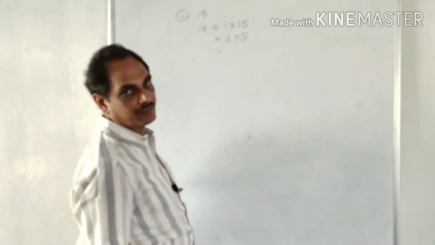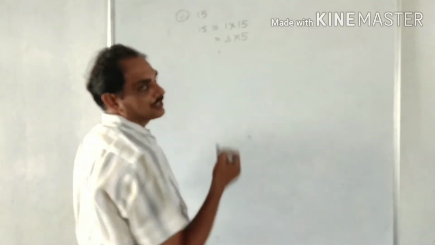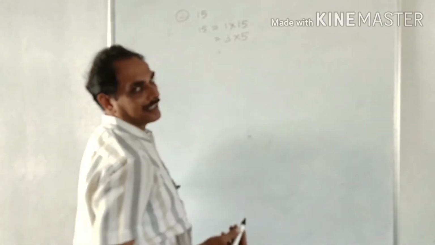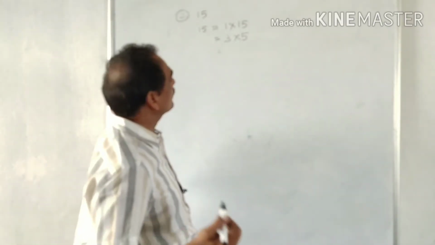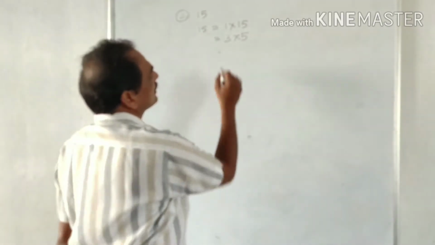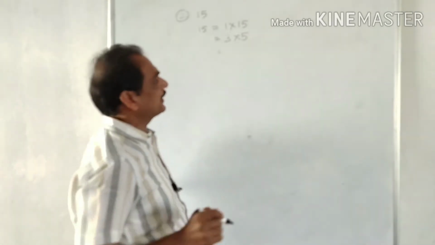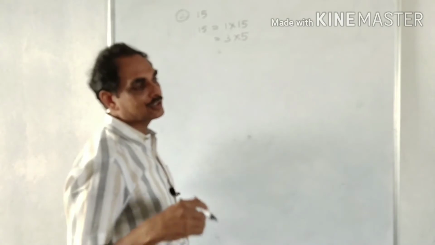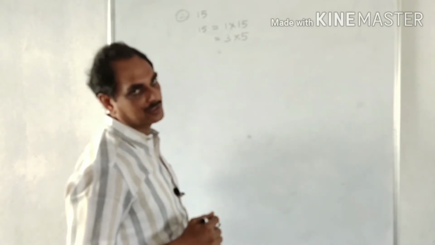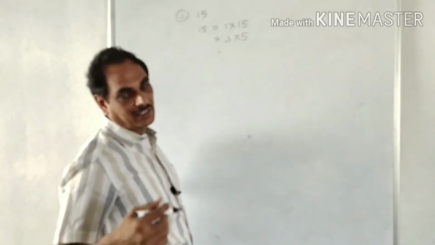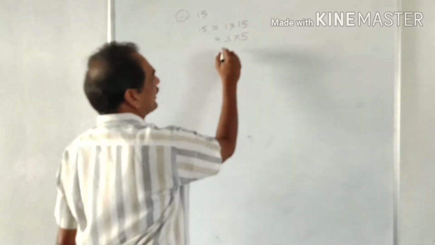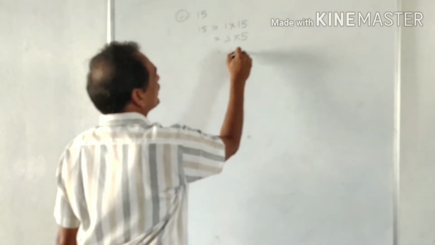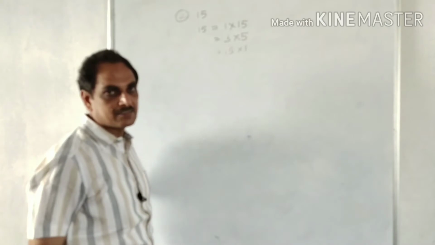So we go to the fifth table. 5 threes are 15. Already 3 fives is also 15, so we need not write 5 into 3. Next we go to the sixth table. There is no 15 in the sixth table. Seventh, 8, 9 and so on. Finally we get the 15th table: 15 ones is 15.